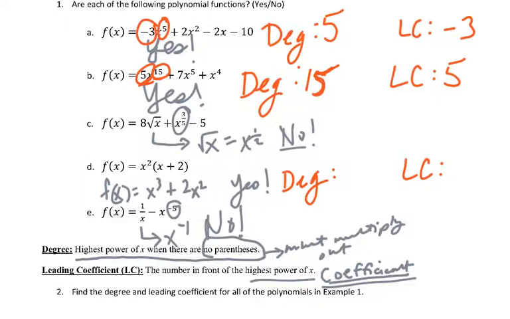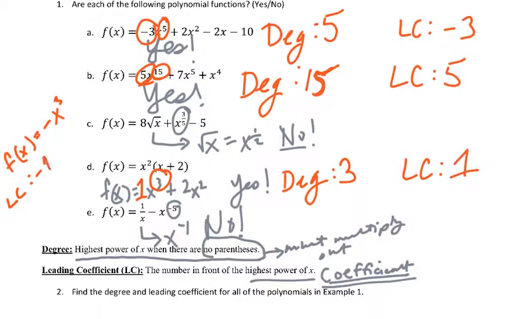On this one, the highest power after we've cleared out the parentheses is a 3, so our degree is 3, and the leading coefficient is a 1. Remember that if there's not a coefficient listed there, it's assumed to be a 1. If you had something like f of x equals negative x to the third, the leading coefficient on this polynomial would be -1.